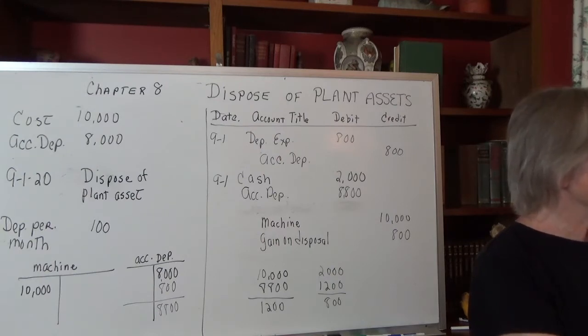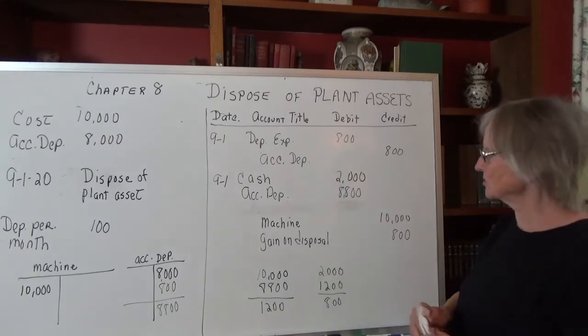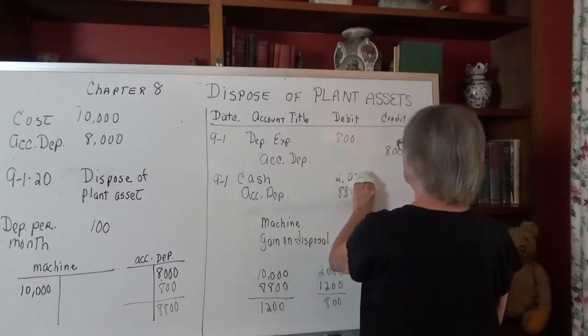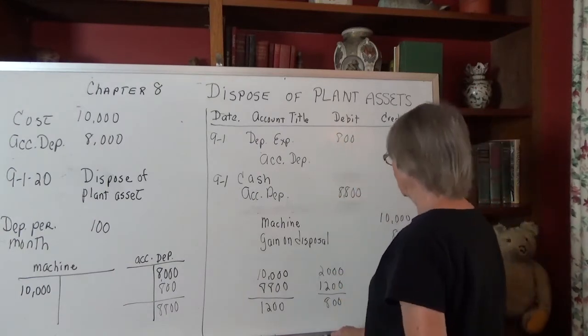Now let's look at a situation where we're selling it on the same date and everything, except instead of 2,000, we only get 500.